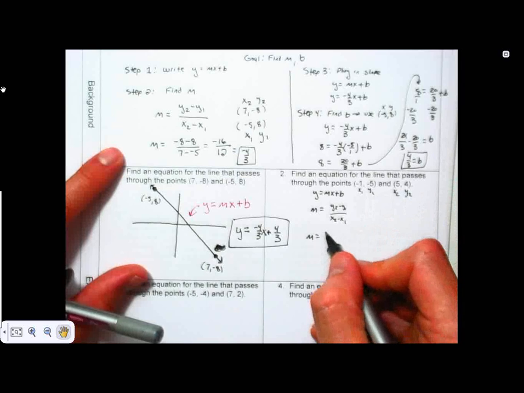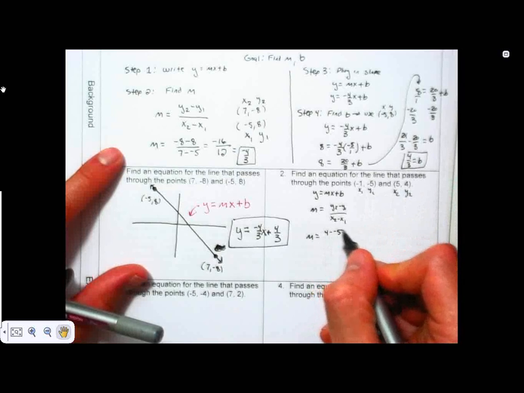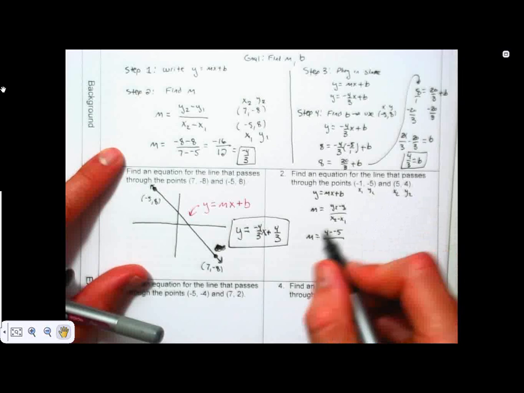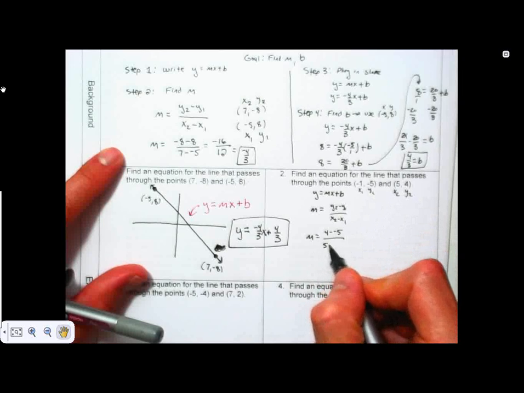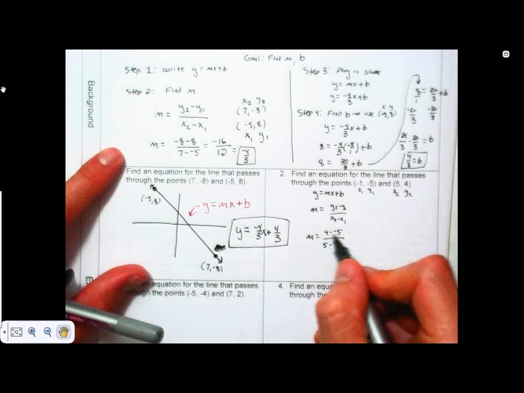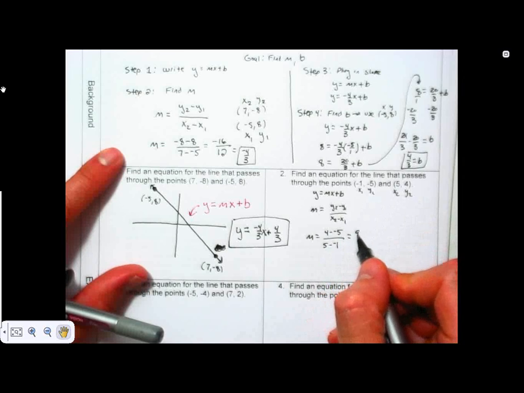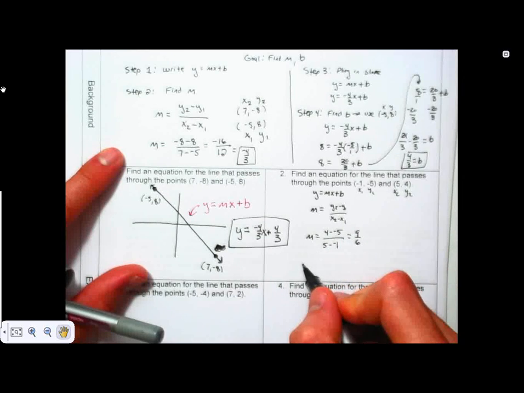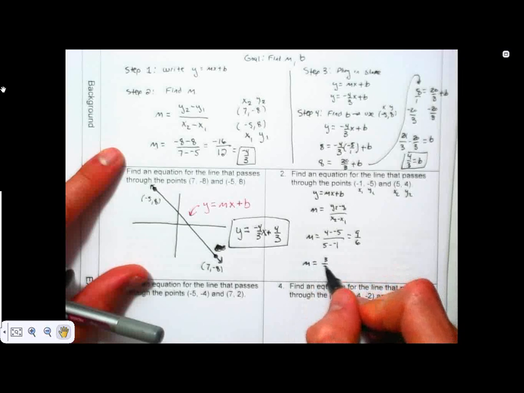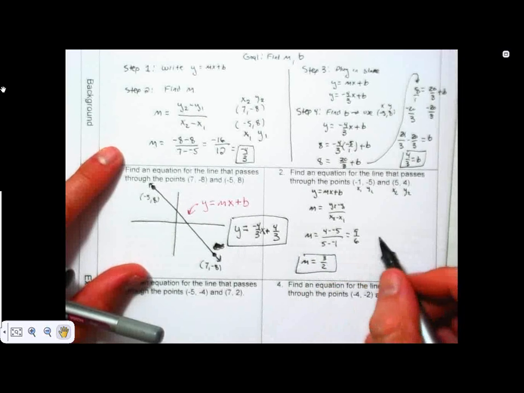So I've got 4 minus negative 5, and on the bottom, 5 minus negative 1. If we do a little simplifying, on top we've got 9, on the bottom we've got 6. That simplifies to 3 over 2, and we've got our m value.